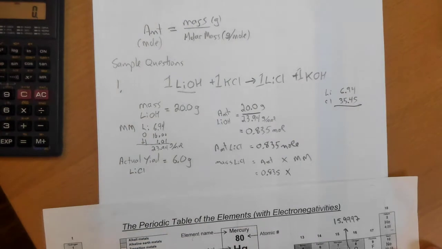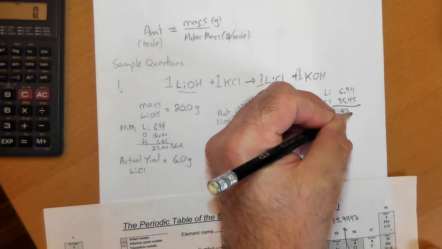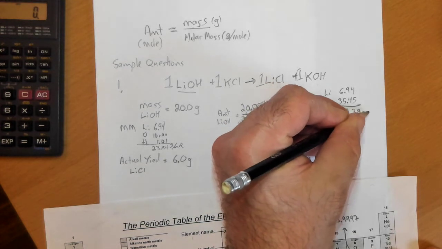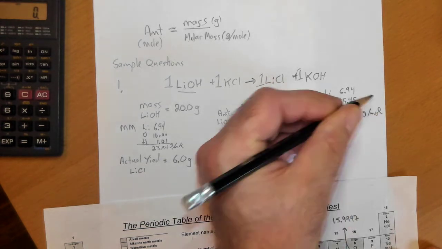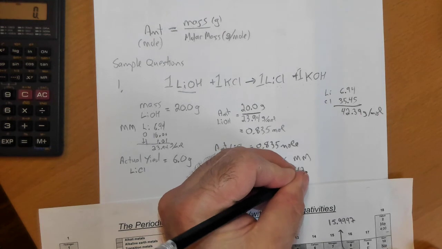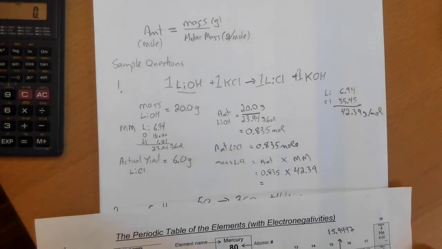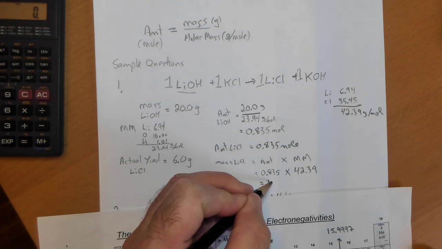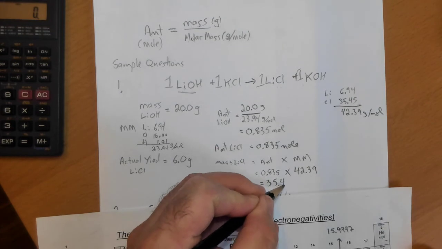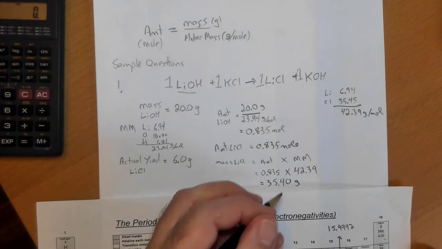Add together, and you get 42.39 grams per mole. So then that goes in here. And when I multiply it, the answer I get is 35.40, rounded, and that's in grams. And that then is called the theoretical yield.